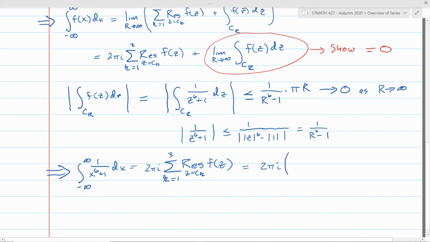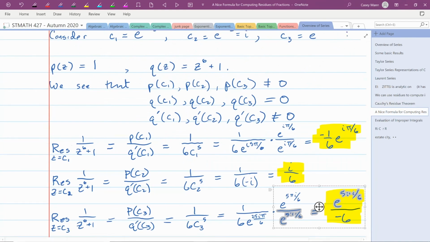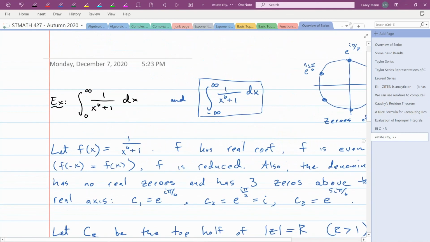And then the residues, if we go to the previous example, yeah, it was this one. We calculated those residues there, and we got that. And so we'll use that here.